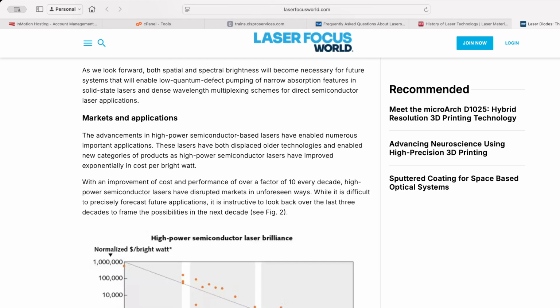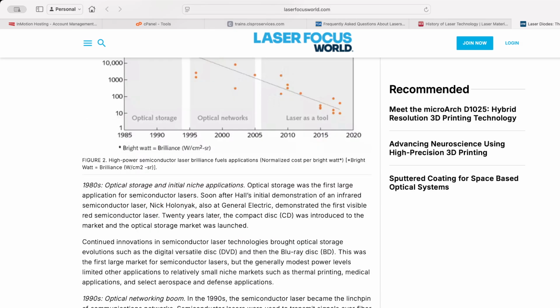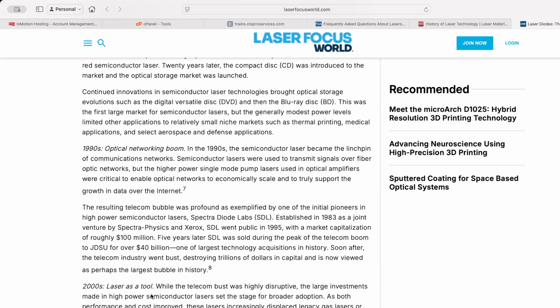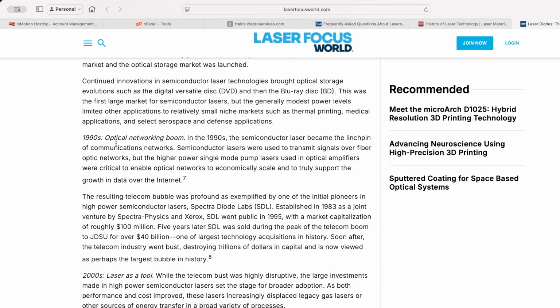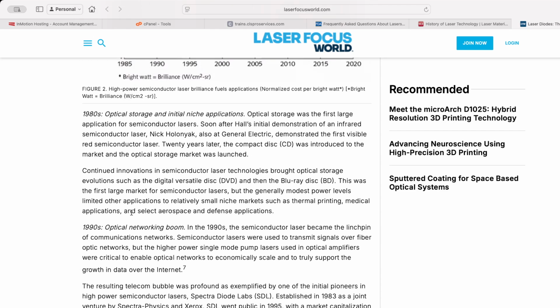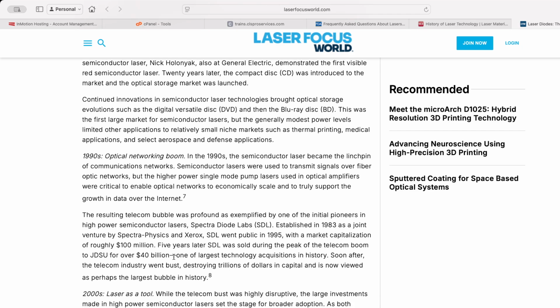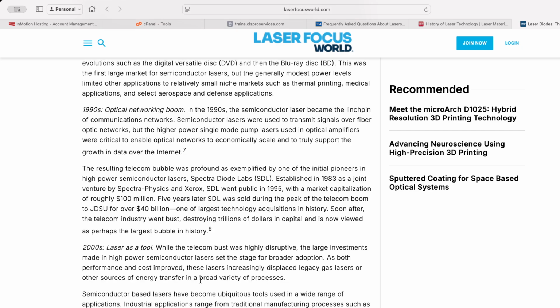In the 2000s, lasers were used mostly in networking, with communications and optics. That was a lot of it. You see JDS Uniphase, that's JDSU, behind these other guys. I don't know if JDSU is still around, but could be.